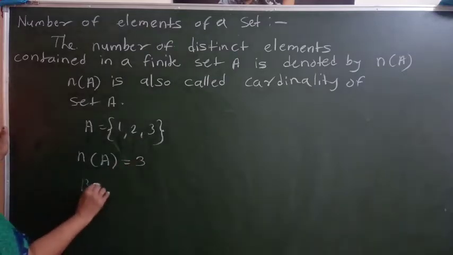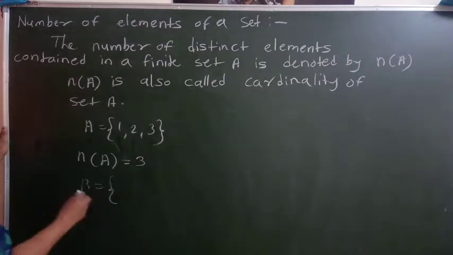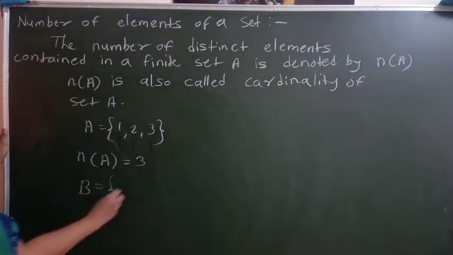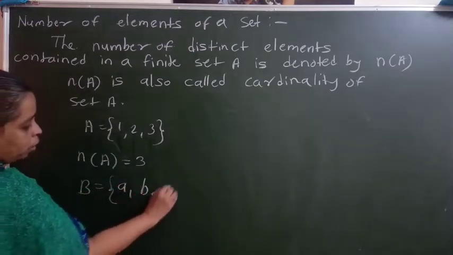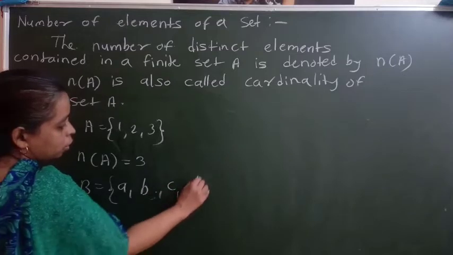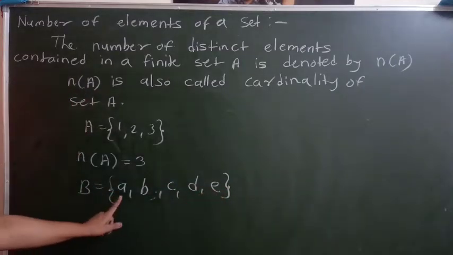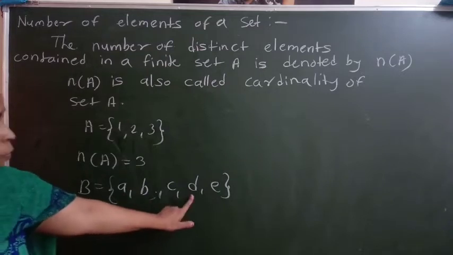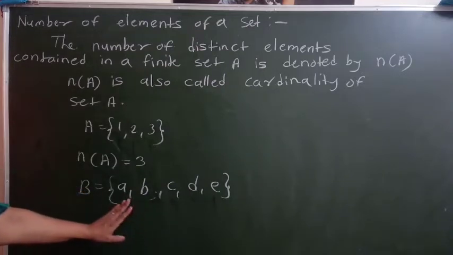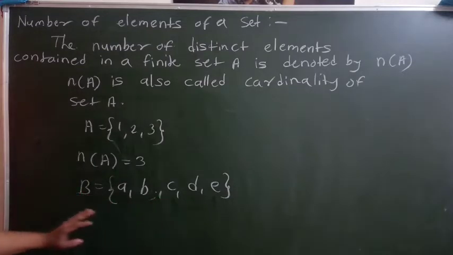For example, B. Now B is, suppose, A, B, C, D, E. So total numbers are, count, 1, 2, 3, 4, 5. Total distinct members are 5.